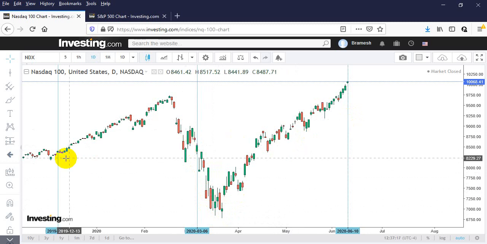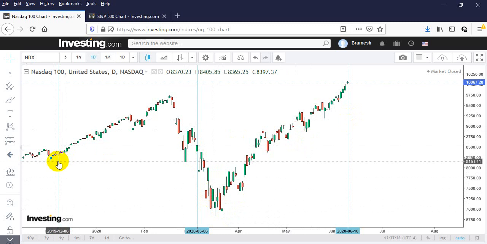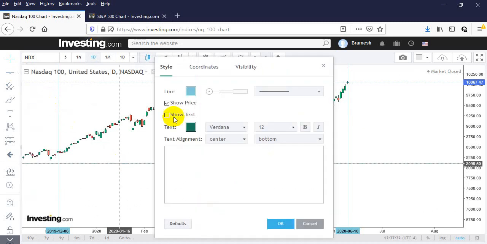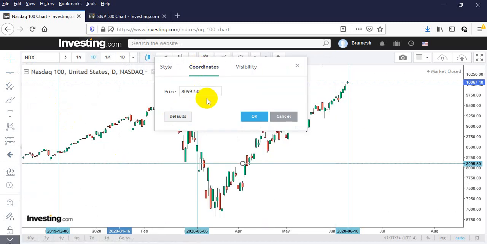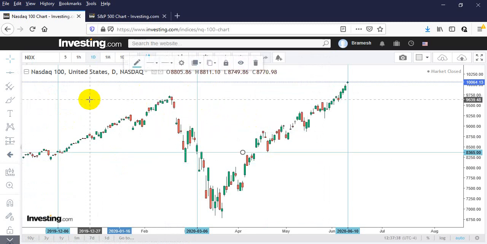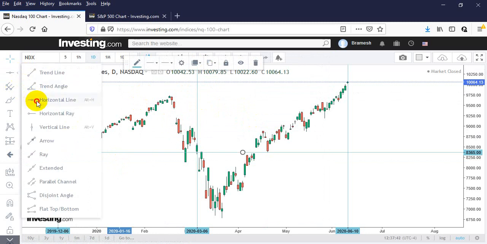So basically, how do I trade this? Because I don't want to have any biases, I just note down the high and low of this day, which is 8365 as the low and 8405 as the high. Let me draw these two lines.